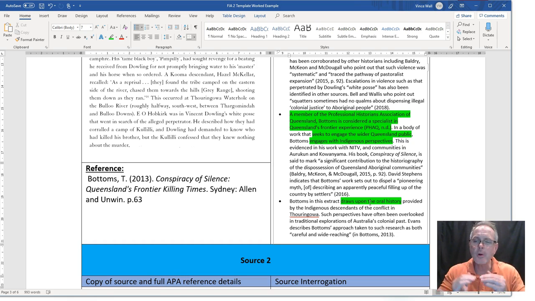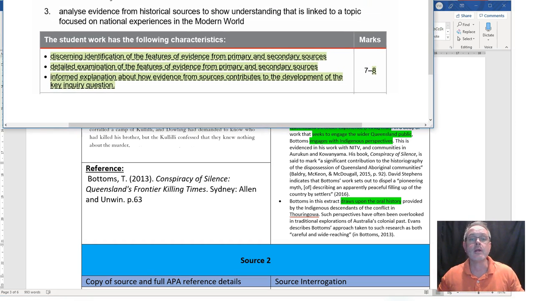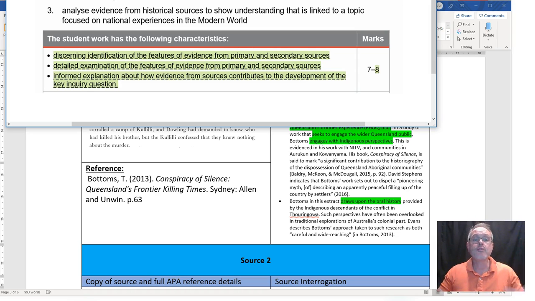So just by using this element, I've started to think a bit about these features of this particular secondary source. I've been able to pick up on some of those ADAMANT, CAB MOP, WRAP terms that help me to explore the source. So let's have a look at something else in a moment.